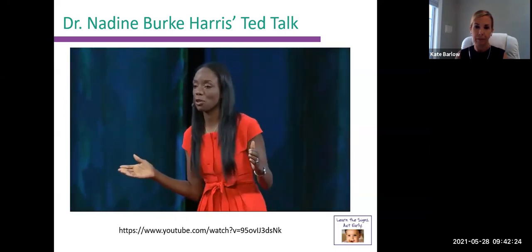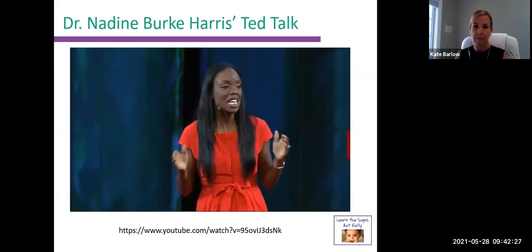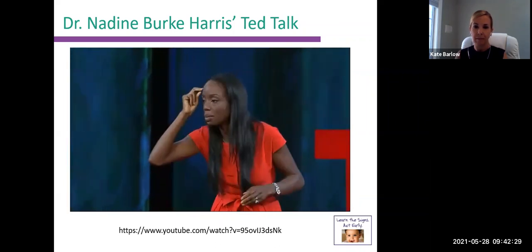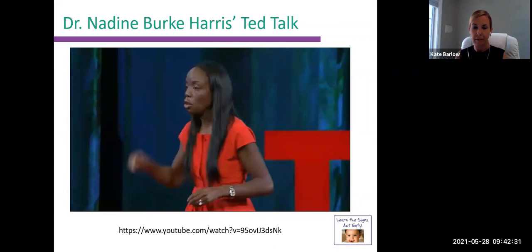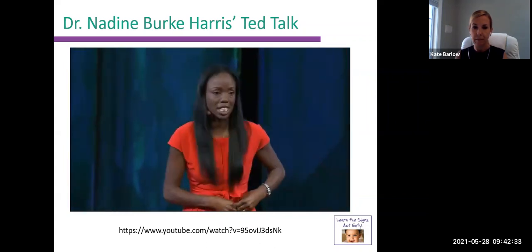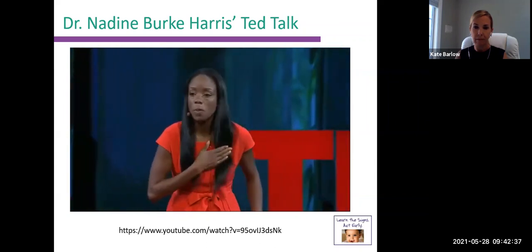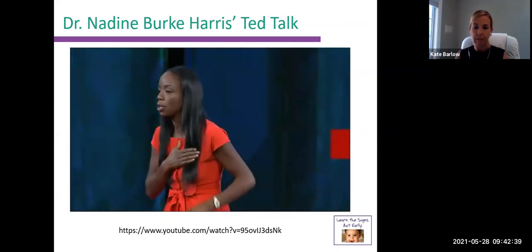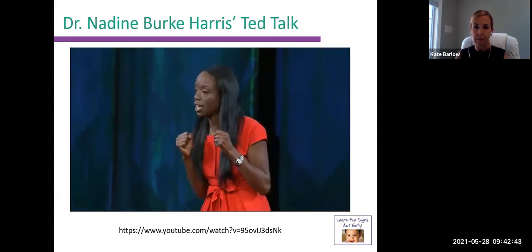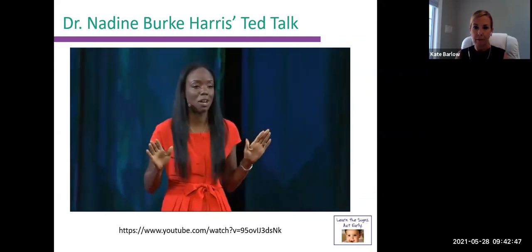How does it work? Well, imagine you're walking in the forest and you see a bear. Immediately, your hypothalamus sends a signal to your pituitary, which sends a signal to your adrenal gland that says, release stress hormones, adrenaline, cortisol. And so your heart starts to pound, your pupils dilate, your airways open up, and you are ready to either fight that bear or run from the bear.